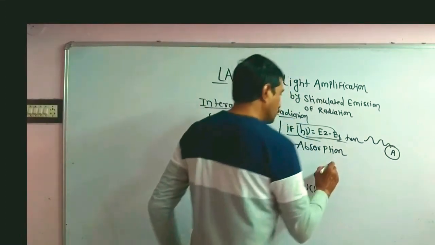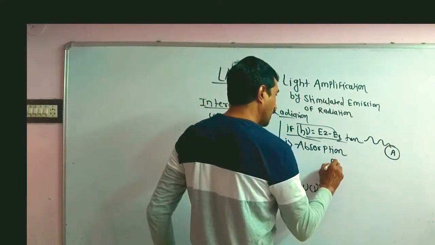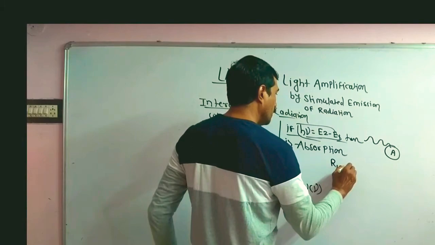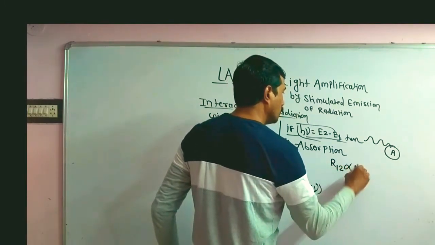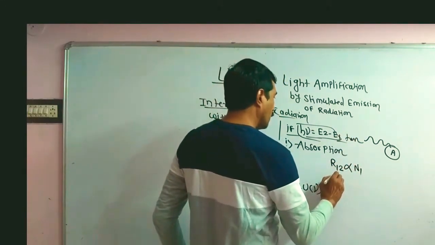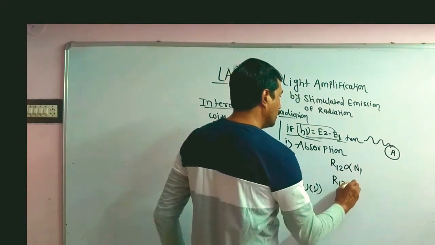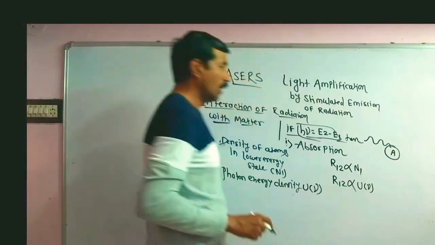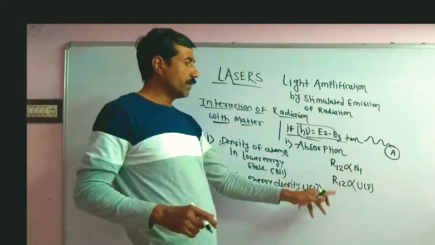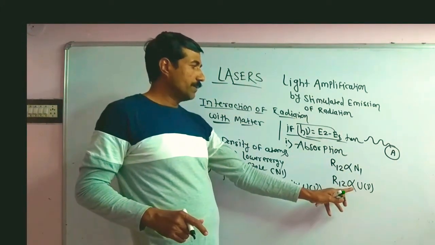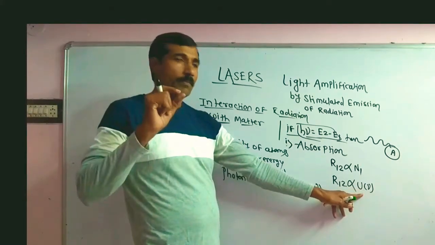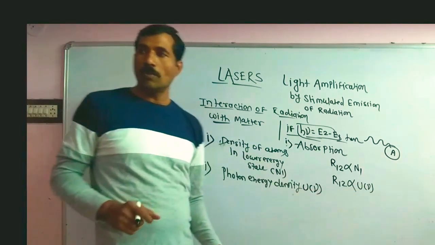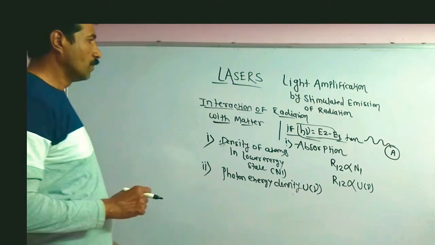So the rate of absorption, denoted by R12, is directly proportional to N1 and directly proportional to the energy density U of nu.